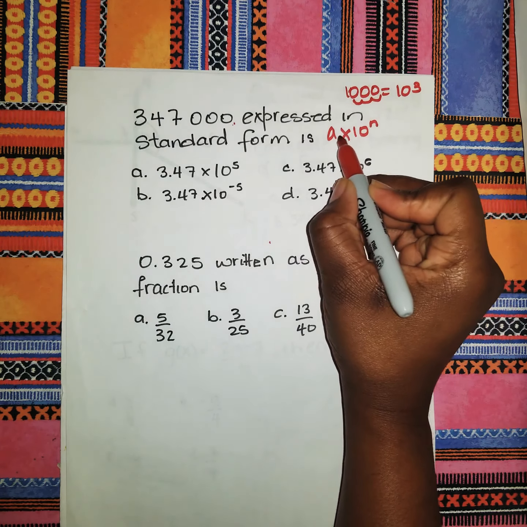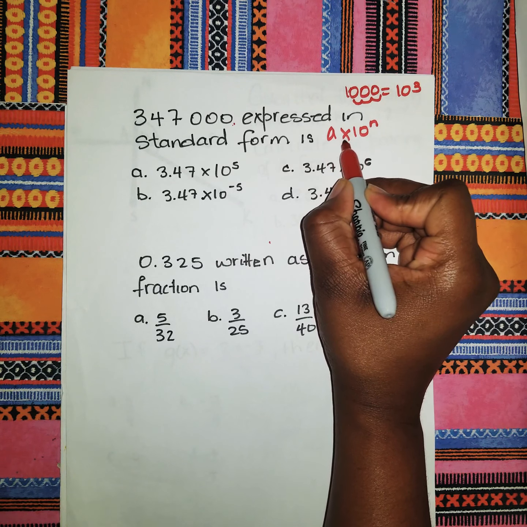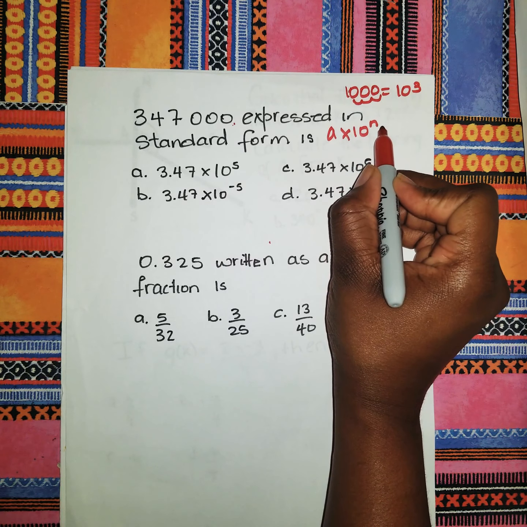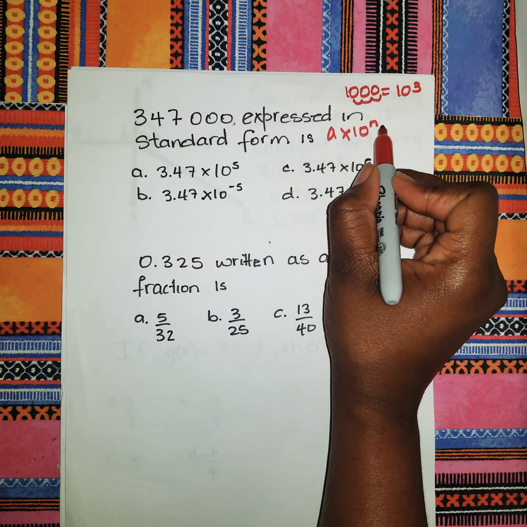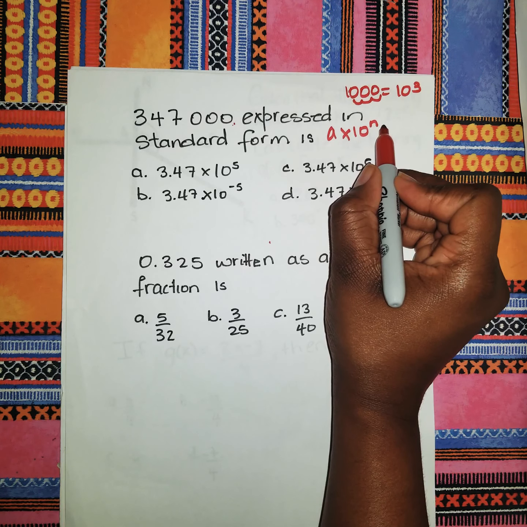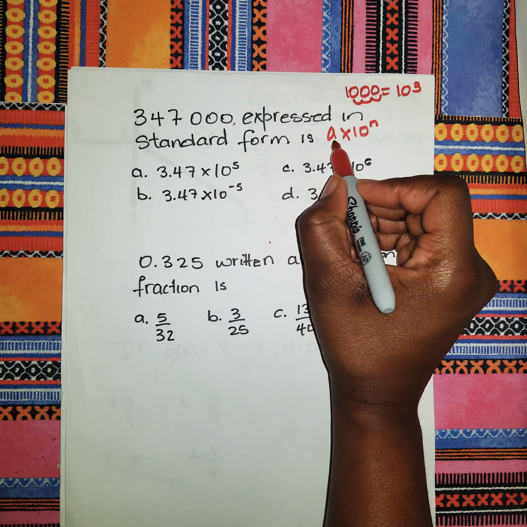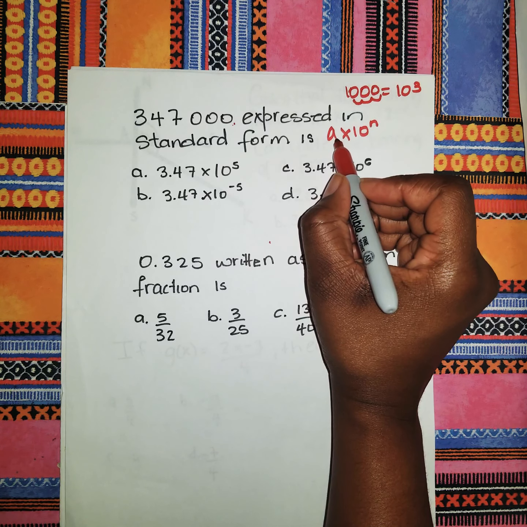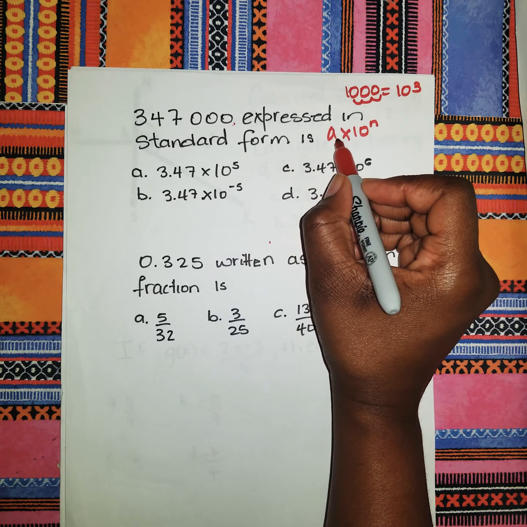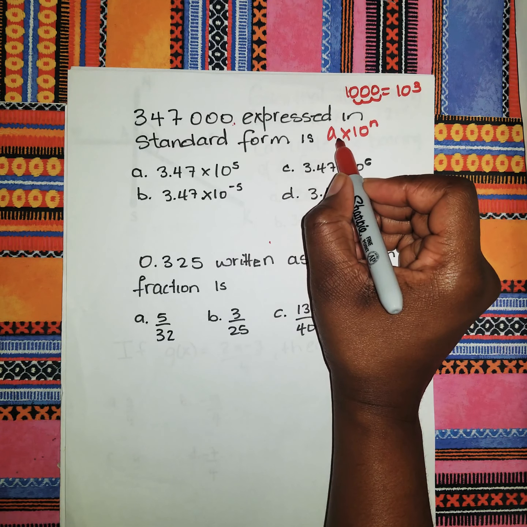The standard form, the general form, is a times 10 to the n power, where n represents the units you move in terms of tens, and a is a number between 1 and 10.